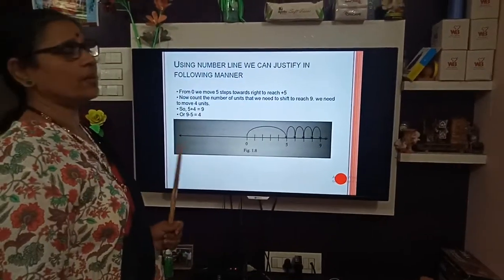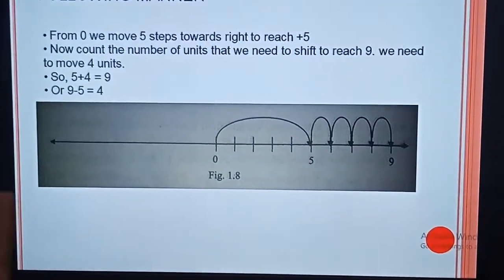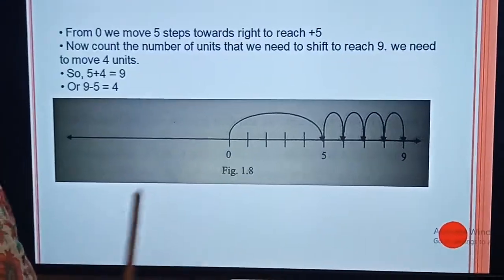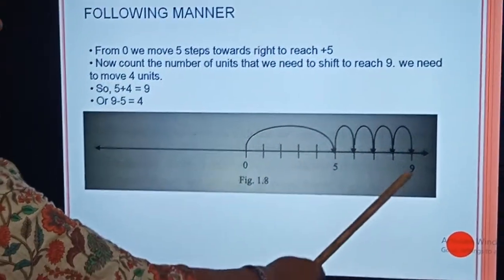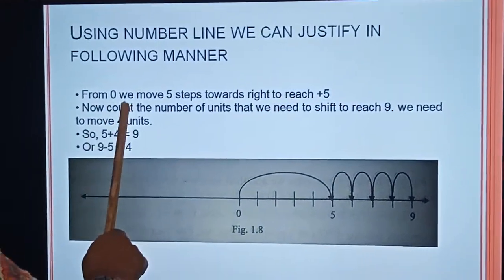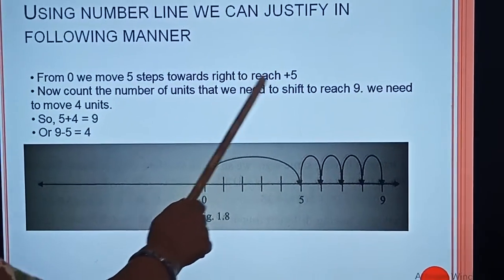The same sum we can study with the help of this number line chart. Here is a number line. On that, markings from 0 to 9 are there, all on the positive side. From 0 we move 5 steps towards the right to reach 5.